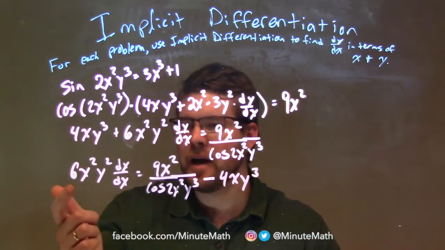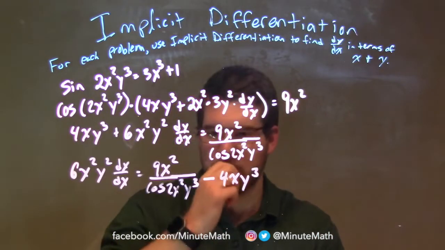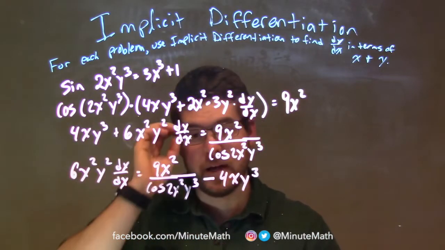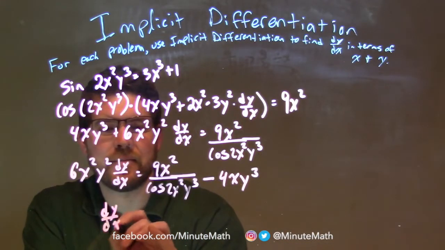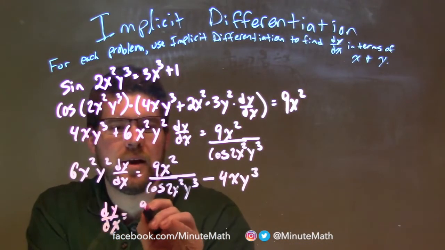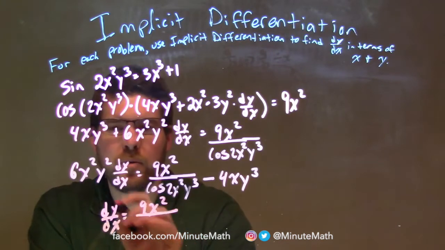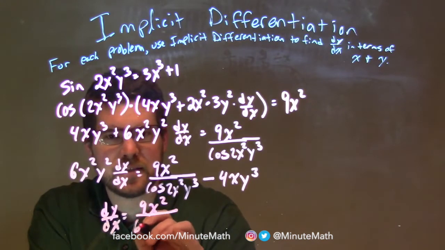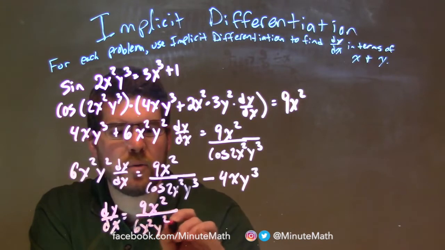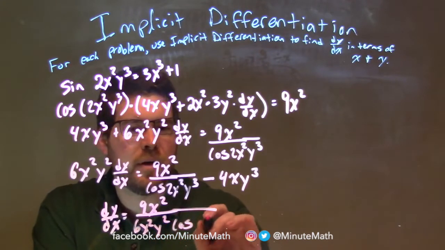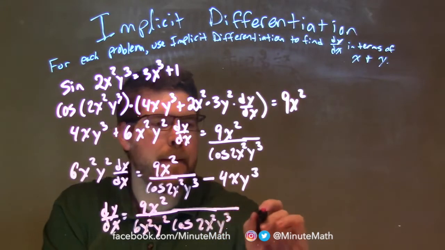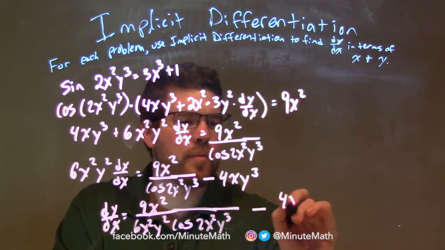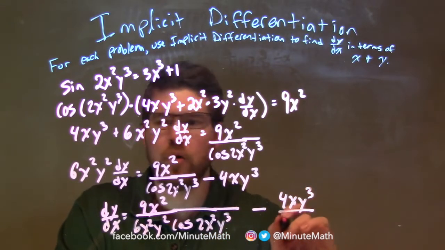Lastly, we want to divide both sides by 6x squared y squared to get dy/dx by itself. So dy/dx is equal to 9x squared over, we multiply down here, 6x squared y squared cosine of 2x squared y to the third power, minus 4xy cubed over 6x squared y squared.